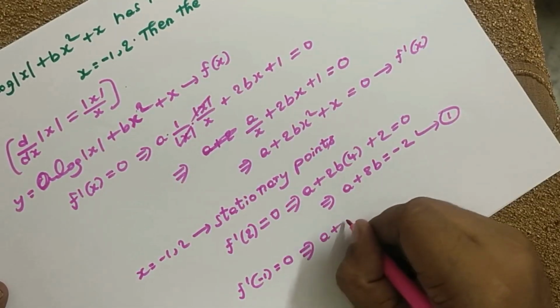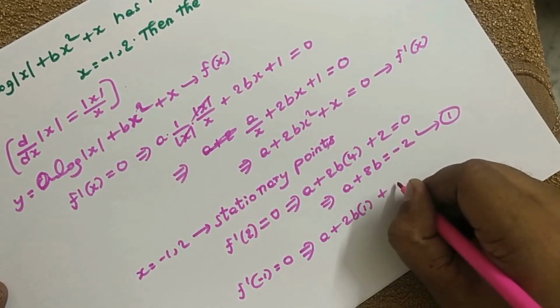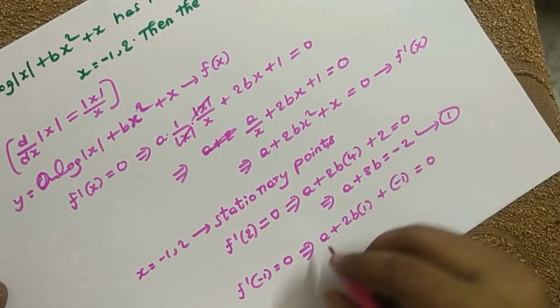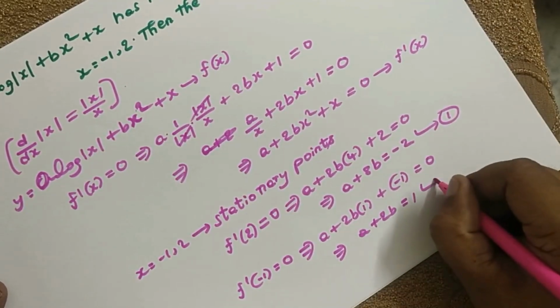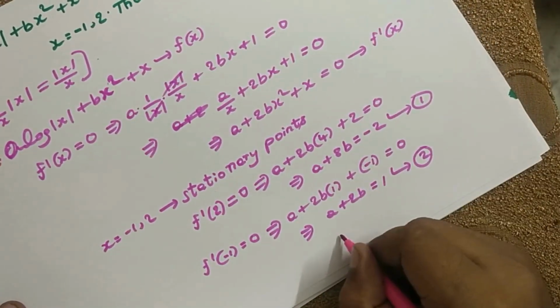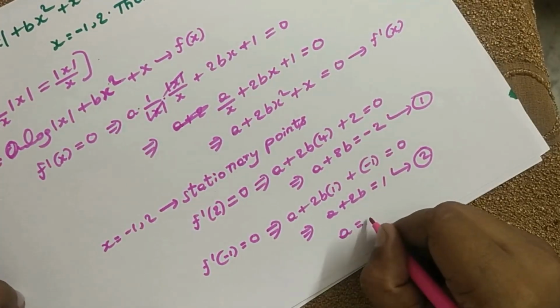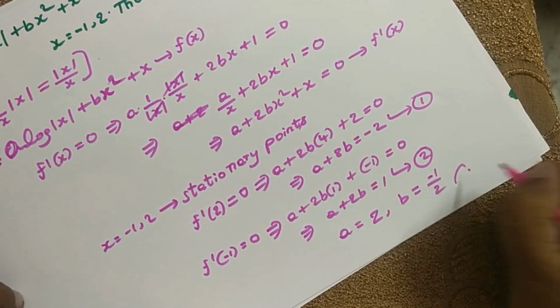So a plus 2b into 1 plus minus 1 is equal to 0, which implies a plus 2b is equal to 1. This is equation 2. If we solve equations 1 and 2, we get a as 2 and b as minus 1 by 2. That's it.